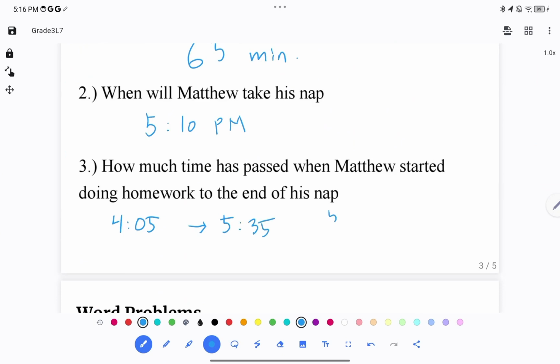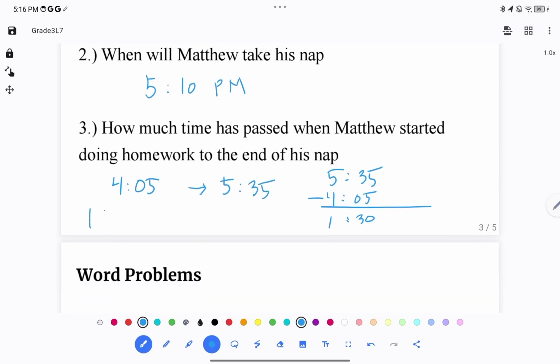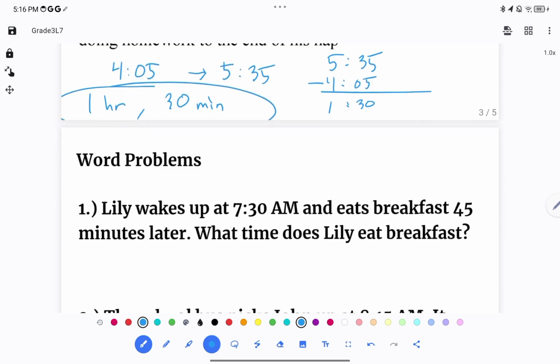If we just subtract these, that's how we find how much time passed in between. So that's 1 hour 30 minutes. That's our answer for how long it took between those times.